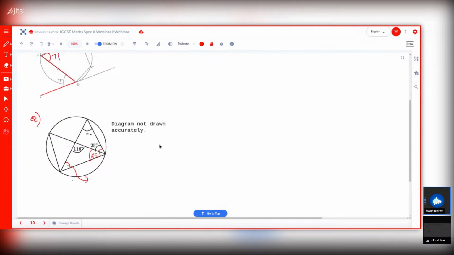So let's try this. So 116 plus 65, you take that away from 180, right? And what does this give you? So this will be 281, is it? No, 181, is it? 116, not 165, 65, right?